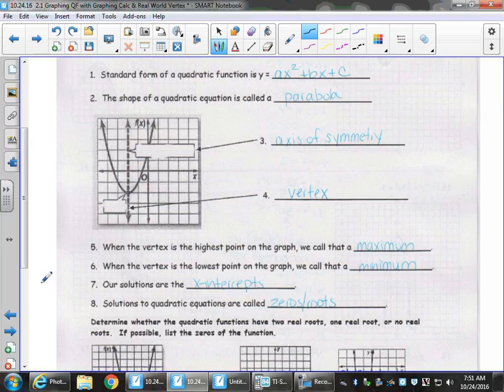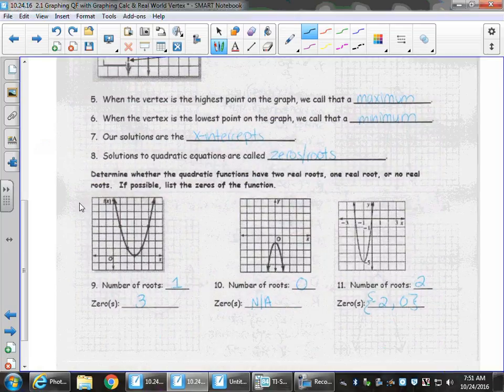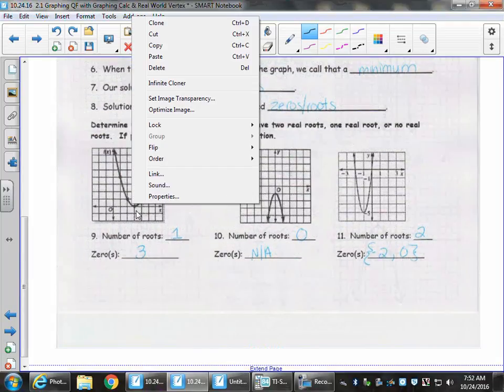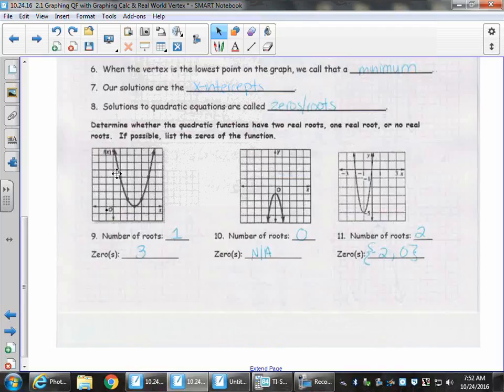Zeros and our x-intercepts. Yes. So solutions to quadratic equations are called zeros and roots. So, for example, in this graph, this has 1, why 3 zeros?